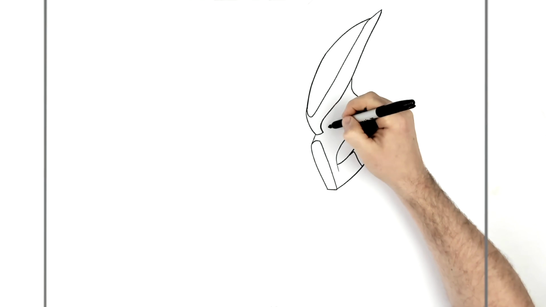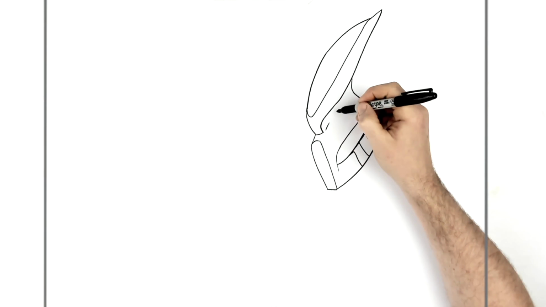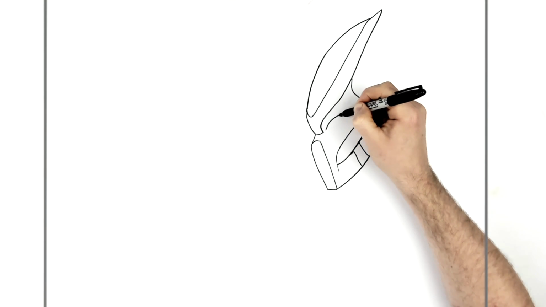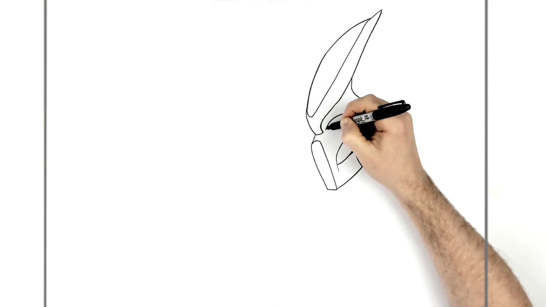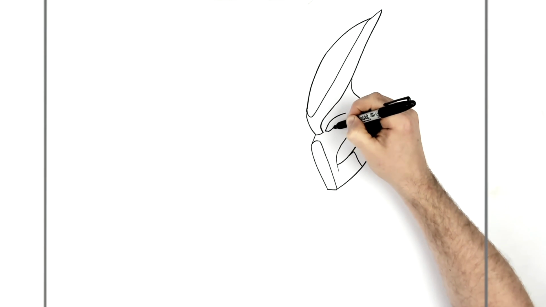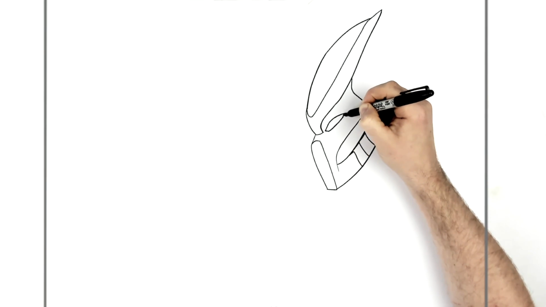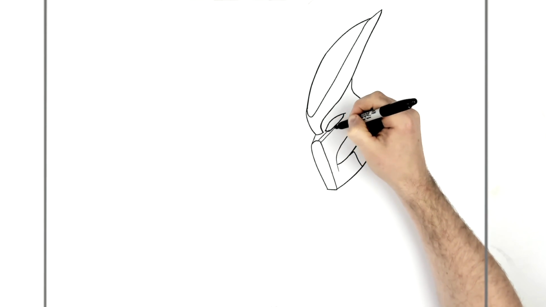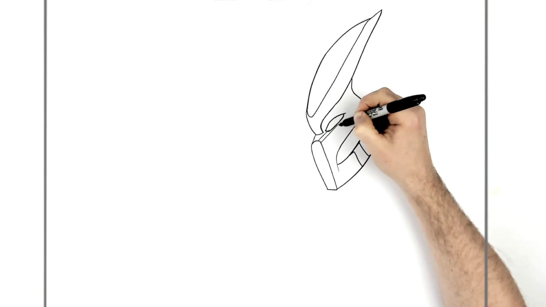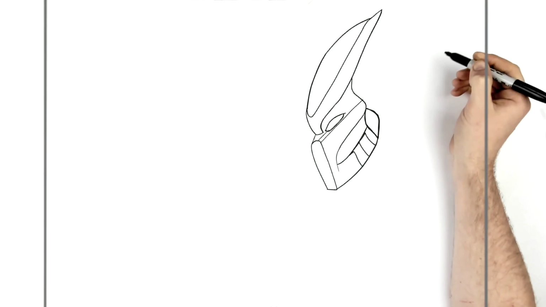Okay, so then we can see his eye just in here. So it goes up, around, and then goes back in, under, into there. And then some more detail lines, like texture lines underneath the armor, going back this way.